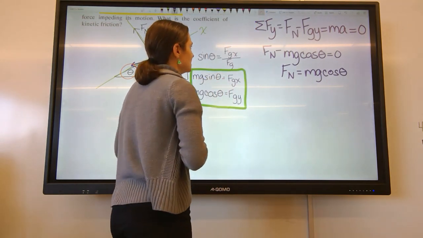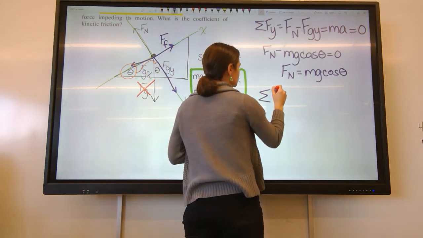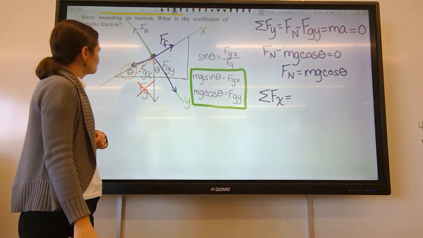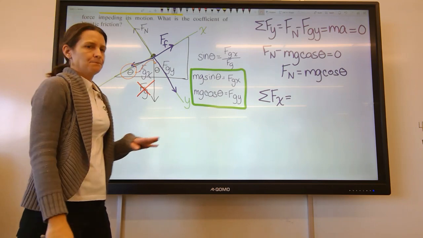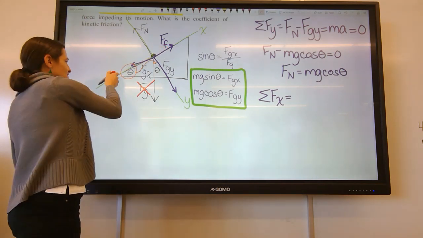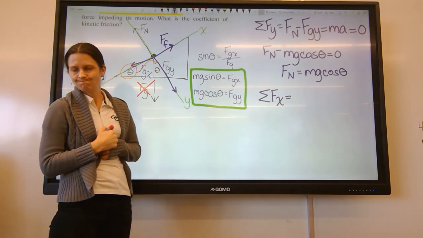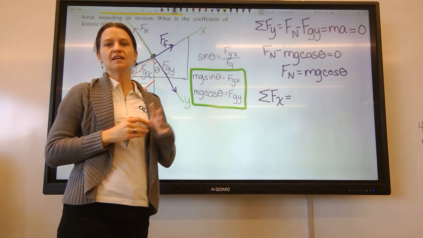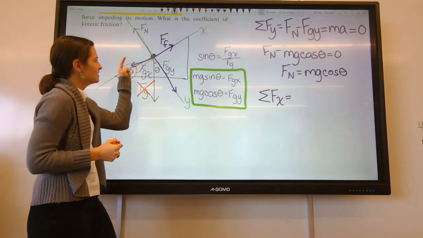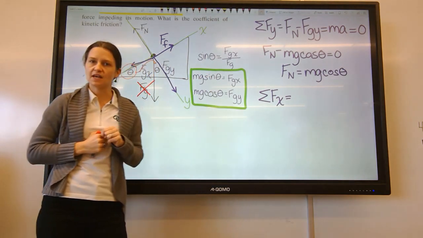Now I'm going to do things in the x direction. So sum of the forces in the x direction. Okay. It's going to be a little bit easier if I consider this direction to be positive. I can do that as long as I'm consistent. As long as everything that goes in this direction has a positive sign and everything that goes in that direction has a negative sign.